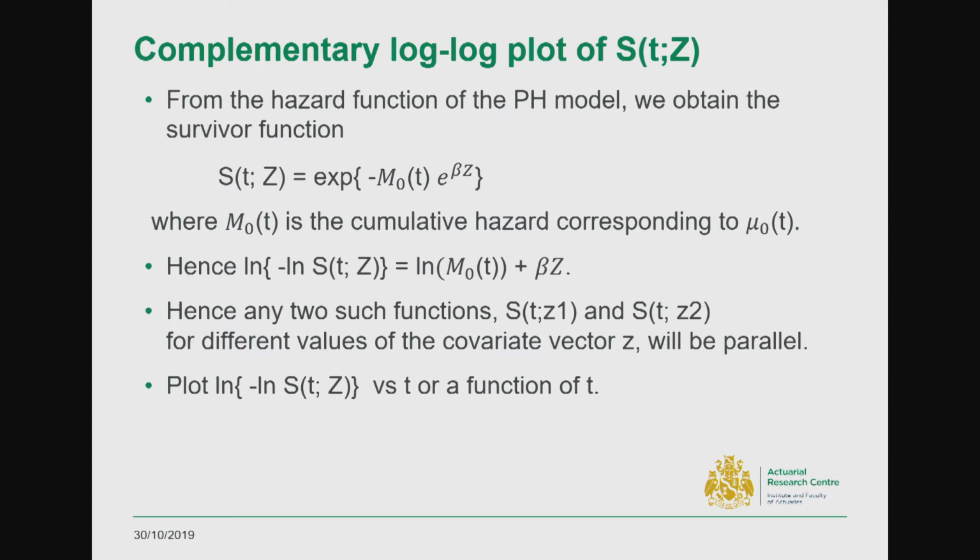Here on top, from the hazard model, we can obtain a survival function. The survival function is the probability of an individual being alive. S is the survival function, T is time, Z is the covariates, as before. It is equal to the exponential of minus the cumulative hazard.